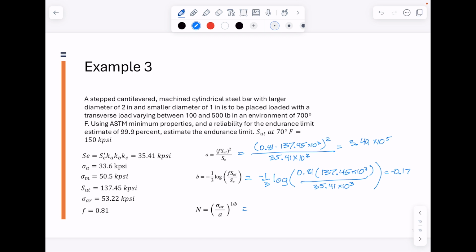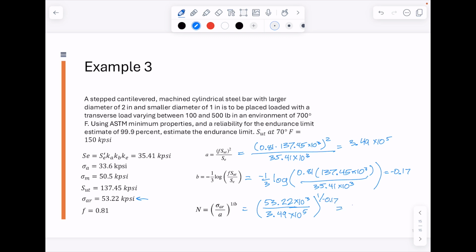And we can plug this in here. So we would have the number of cycles that we can rate this for is going to be equal to our fully reversed equivalent stress, 53.22 kpsi, all over our A, which was, and we'll include the 10 to the third here, 3.49 times 10 to the fifth, all to the 1 over a negative 0.17.